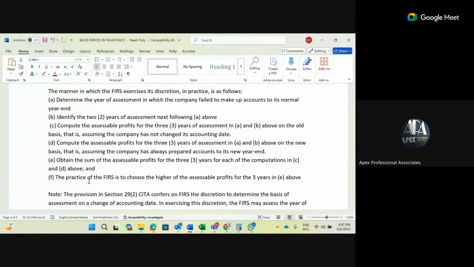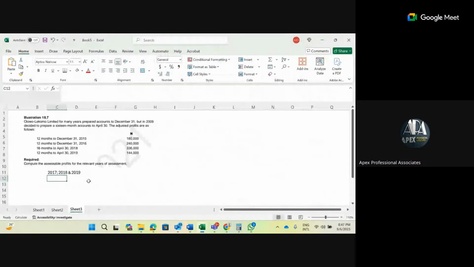The next thing for us is to show the profit for these first 3 years, making use of the assumption that the company did not change its date. That means they are still using the old accounting date. What is the company's old accounting date? January to December. That is the old accounting date of the company. What is the new accounting date?